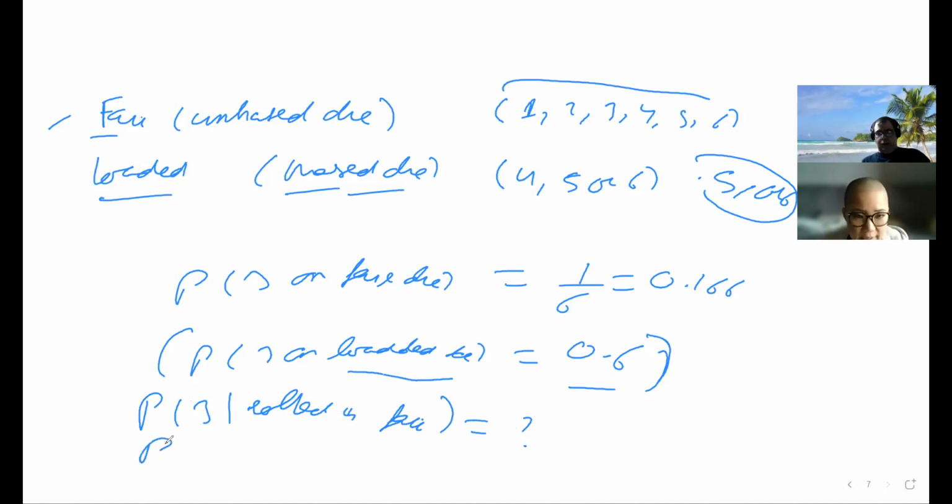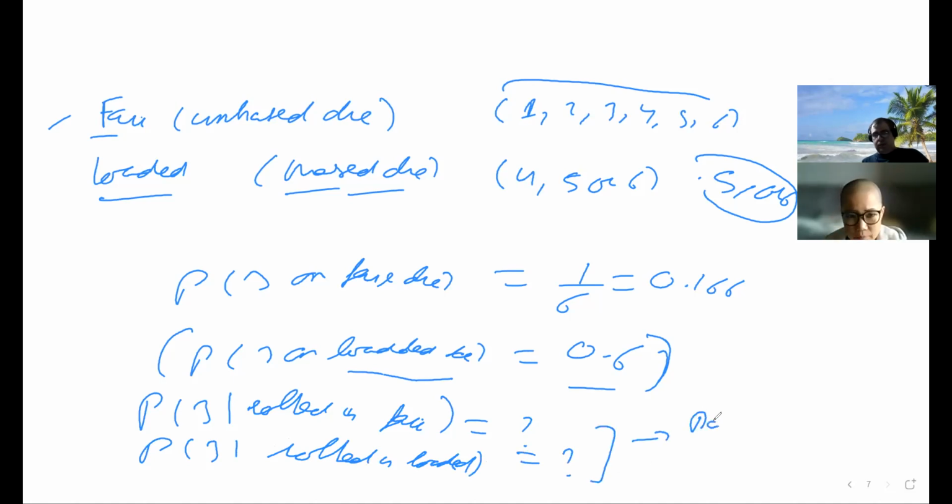And then you have to find the probability of 3, given that the die which has been rolled is loaded. These two things we will find through Bayes theorem.